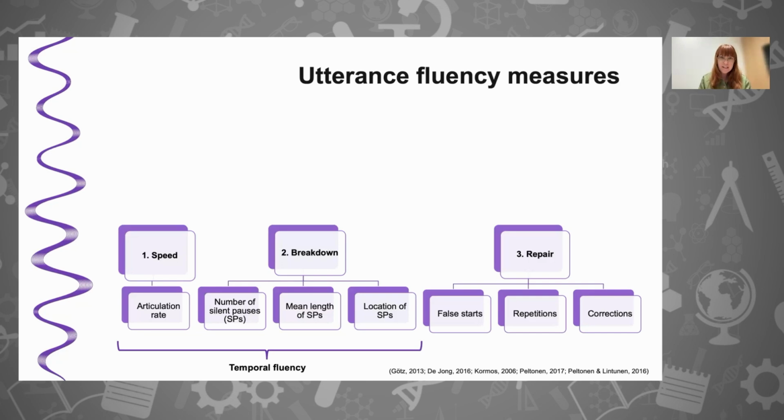Then I mentioned the breakdown dimension, so looking at the silences, pauses in speech, their frequencies, durations, and so on. And finally, the repair elements. So what kinds of corrections do we make? How do we correct our speech if there are mistakes, and so on.